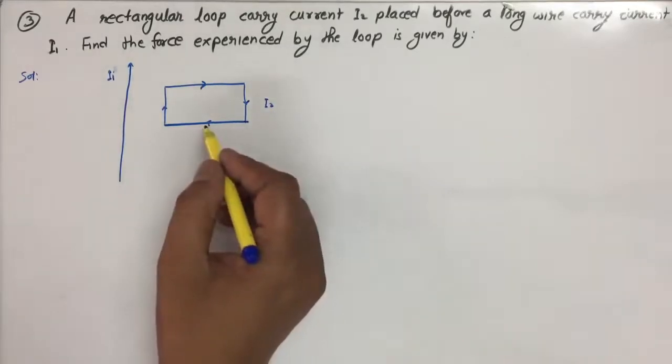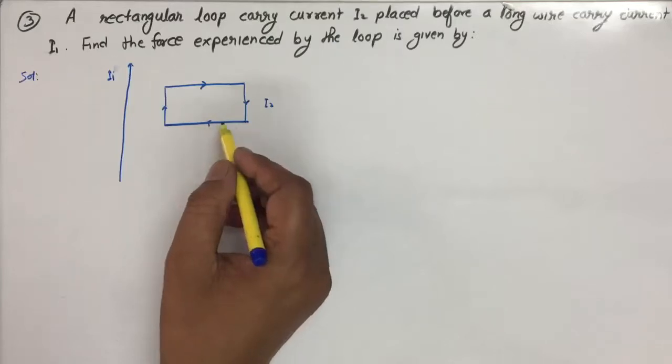The first assumption we have made is that the current is flowing in the clockwise direction in the rectangular loop.